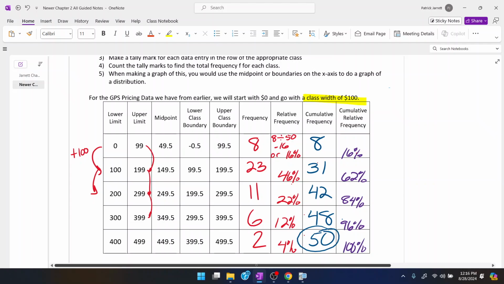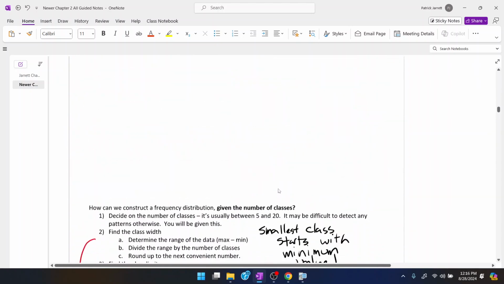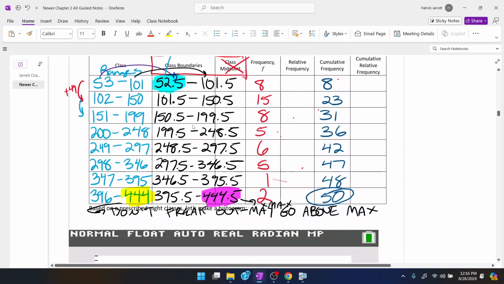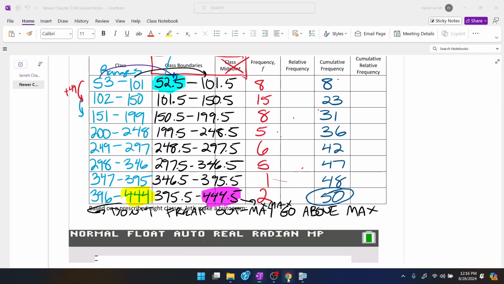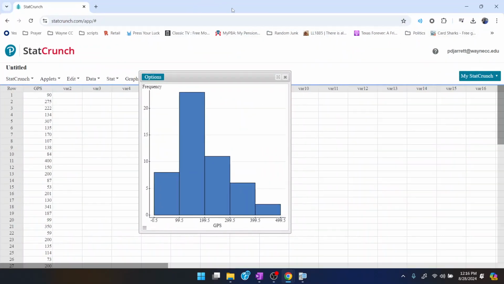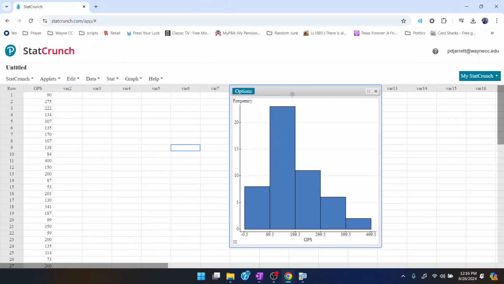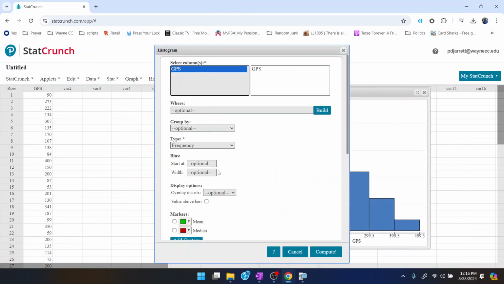Now, believe it or not, we can make another histogram like the second one that we did, where we started that one off at 52.5 and we had a class width of 49. So another histogram.